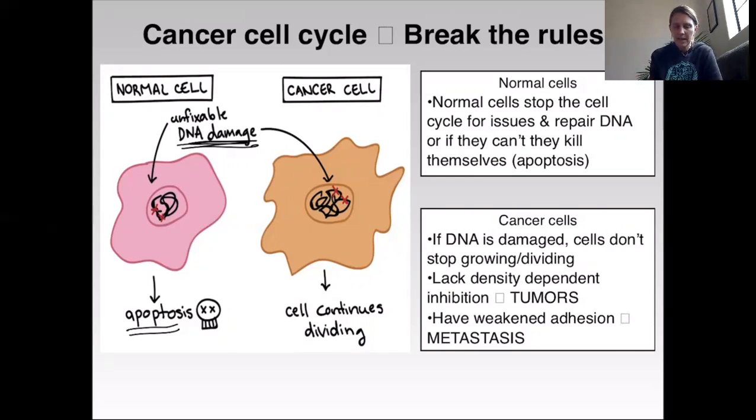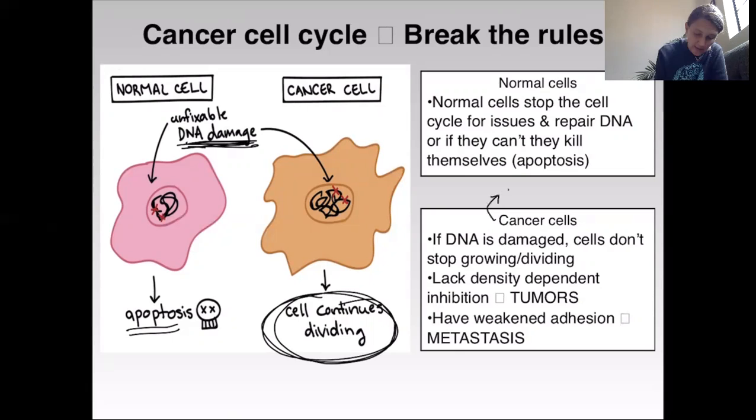Cancer cells, if they have unfixable DNA damage, don't stop dividing. They just continue to divide and divide and divide, and that can cause cancer. Cancer is, by definition, uncontrolled cell division. That's it.